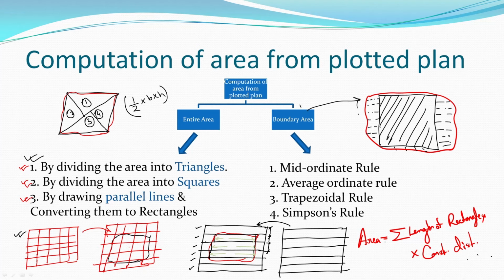In this method, a large square or rectangle is formed within the area in the plan, and then ordinates are drawn at regular intervals from the side of the square to the curved boundary. The middle area is calculated in the usual way, and the boundary area is calculated according to one of the following rules.